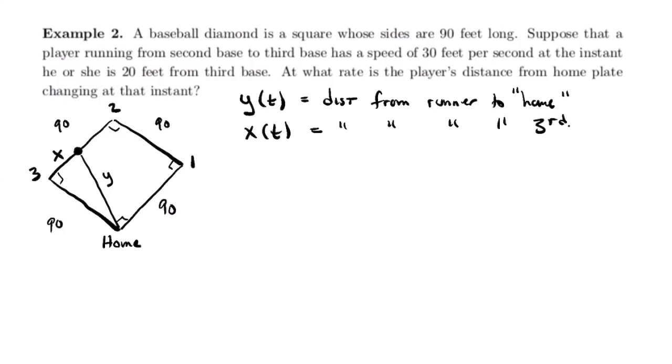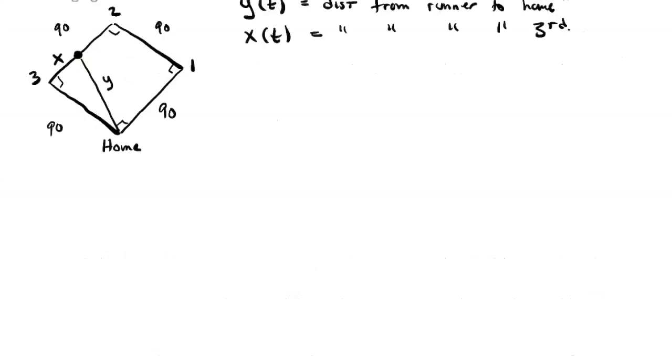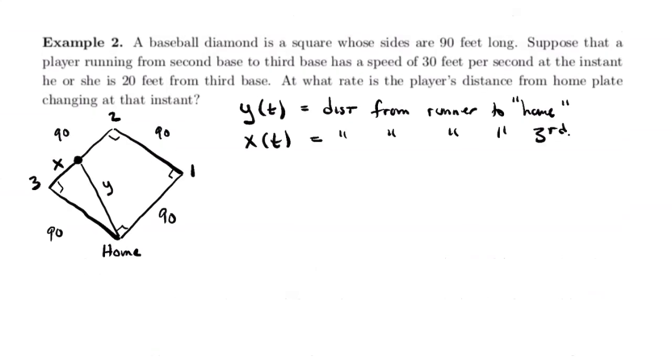We're saying that this runner has a speed of 30 feet per second. That's a rate. So when you're reading these things, you're looking for words like increase, decrease, per. This word per is always in a rate. So I'm looking for those things: 30 feet per second at the instant that they're 20 feet away.